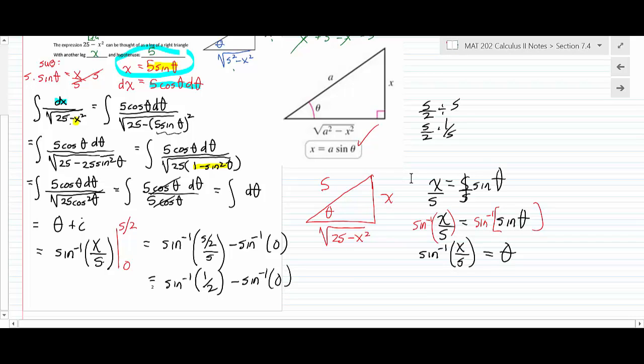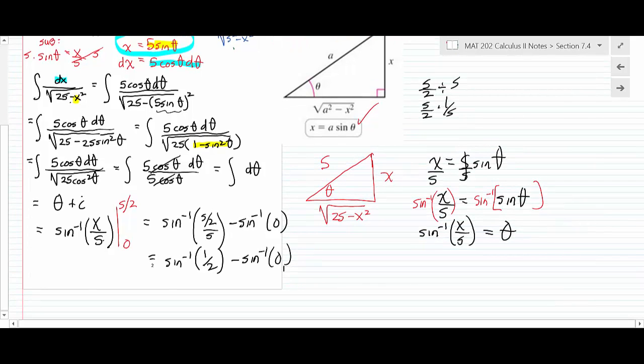Now all we got to do from here really is just look at the unit circle. On a unit circle, the place where the sine is equal to 1/2 is at the point square root of 3 over 2, 1/2. That's really 30 degrees, but we don't do degrees, we do radians.